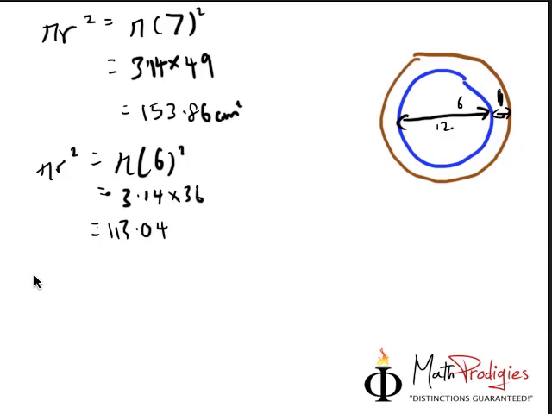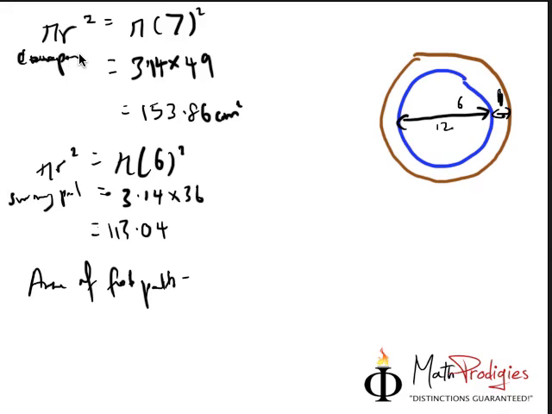Okay, so the area of the footpath. By the way, you must write down that this is the area of the swimming pool, and this is the area of the whole compound. Up to you what you want to call it. And this area of the footpath equals 153.86 minus 113.04.